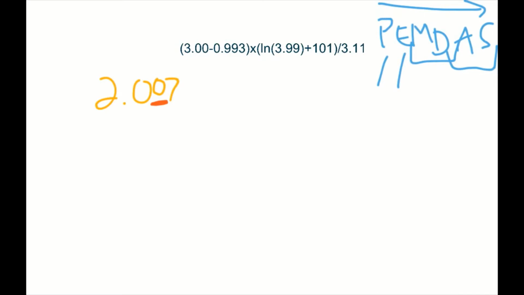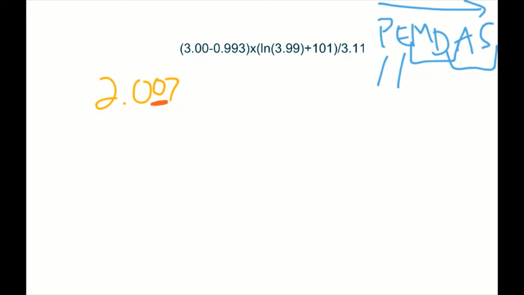So we are going to use this line as a placeholder to remind us that there are 2 decimal places, and we are just going to use 2.007 in our calculator, and eventually, once we have to deal with the sig figs, then in our final answer, we can start erasing. But right now, let's not erase just yet.